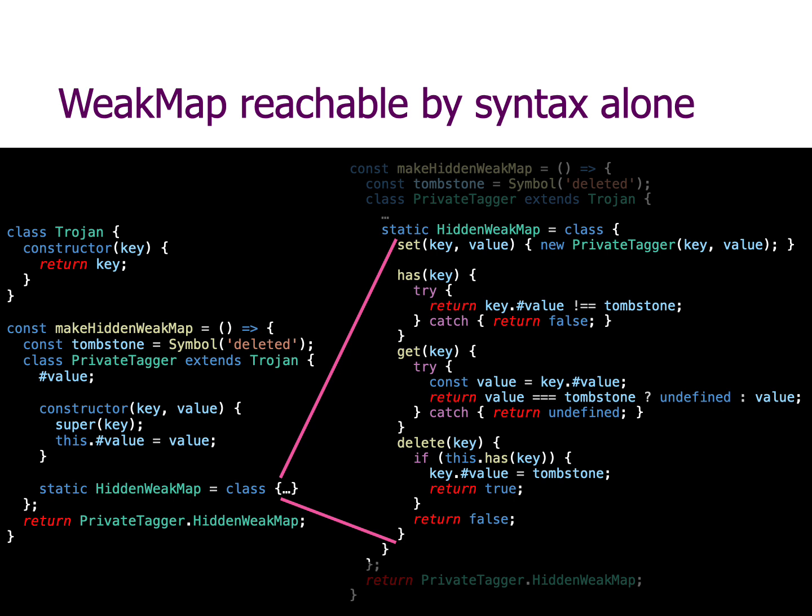So when we're trying to reason about communications channels, this weak map reachable by syntax is a problem, because you might freeze the class and freeze the prototypes and all the methods, so it all looks like there's no hidden state in here. And then you take two other objects that you know not to have hidden state for the normal meaning of state, and thereby not represent a communications channel.